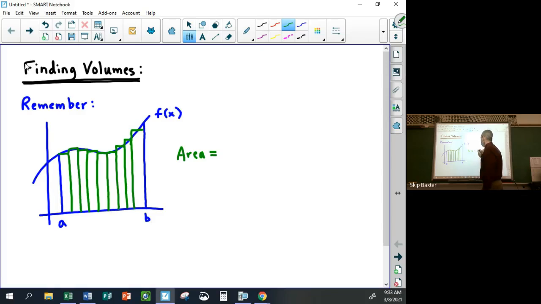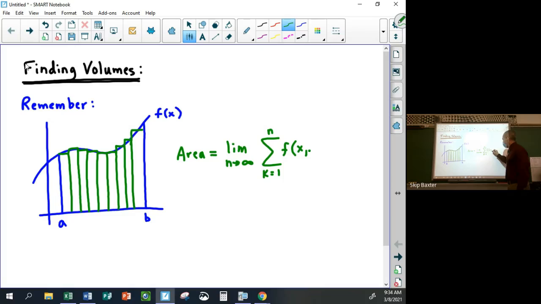Okay, so we figured out that the area is equal to the limit as n goes to infinity. Remember, n was the number of rectangles. And then we took the sum from k equals 1 to n of each of those rectangles' areas, which ended up being f of x sub k. Each x sub k was maybe the left-hand endpoint of that tiny interval, or the right-hand endpoint, or the midpoint, but it was some x value in that tiny interval.